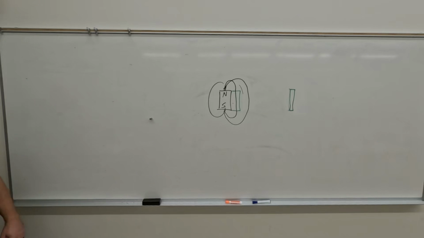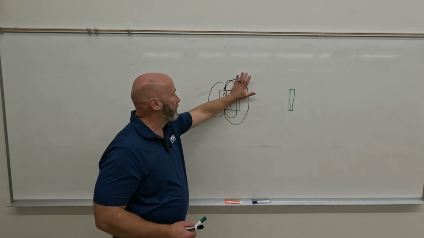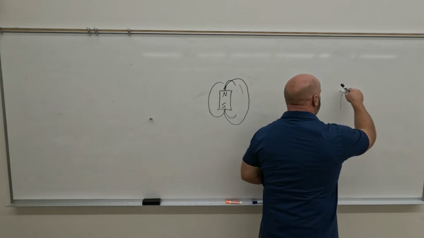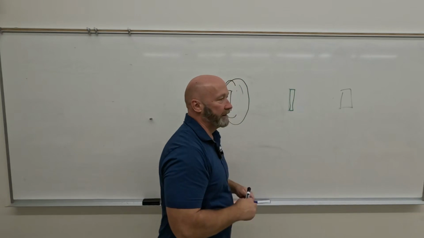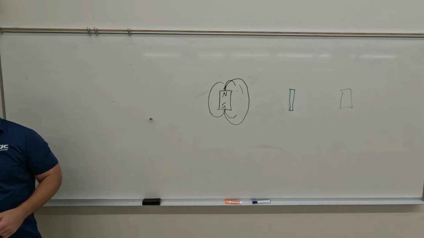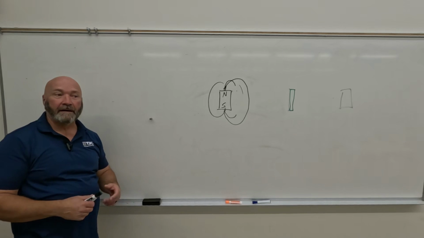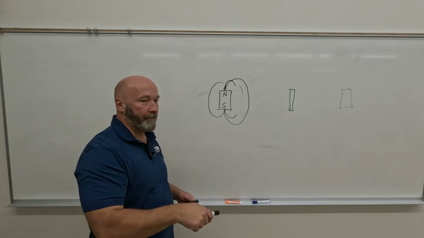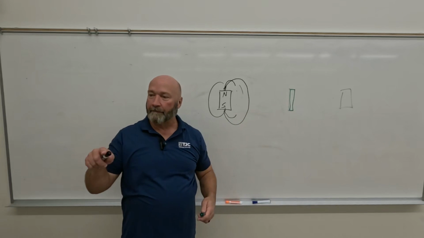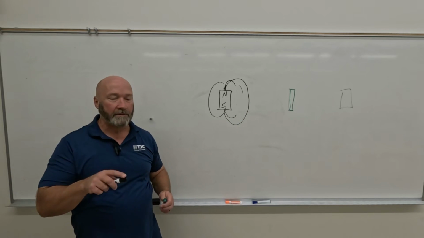Now this is the other way that you can have a temporary magnet. If I were to move that back over here, if I move it far enough away, is it magnetic enough that it can do any kind of magnetic work? Answer is no. Most of the time when we're talking about temporary magnets, what am I talking about?